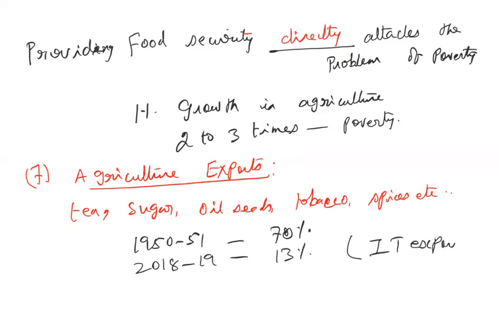It is only percentage-wise that the share has come down, because of the development of other sectors' exports. But still, agriculture has a major role in the exports of the country, and we are able to get a sufficient amount of foreign exchange through the exports of agricultural commodities. And the last one, what are all the other importances of agriculture?